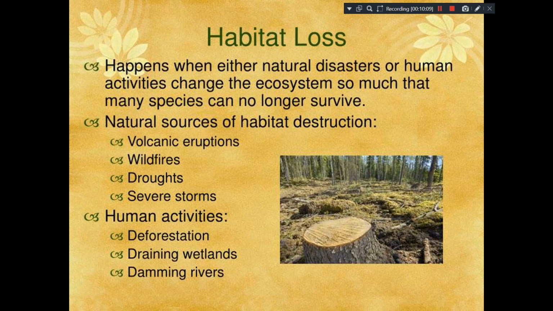Once wetlands were considered wastelands, but now we have understood their importance, as they have high primary productivity. Not only that, these wetlands are the source of water, and most of our rivers and hill streams originate in these wetlands. So if you drain the wetlands, it will certainly affect the biodiversity.